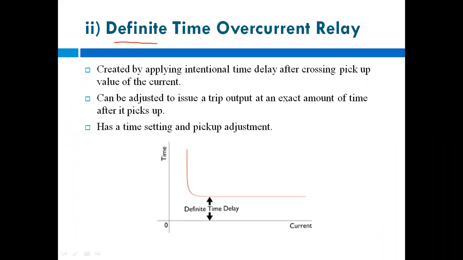This definite time overcurrent relay is created by applying an intentional time delay, meaning we are giving some fixed, definite intentional time delay after crossing the pickup value of current. Suppose the pickup value is set here.